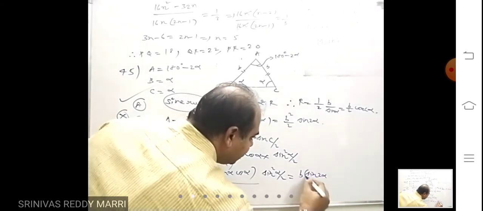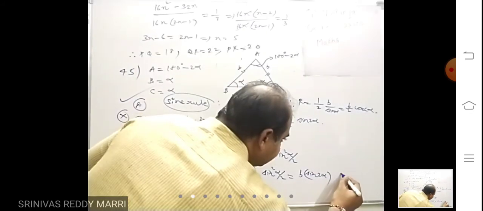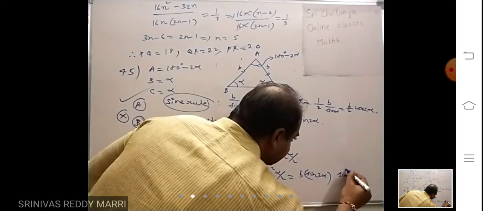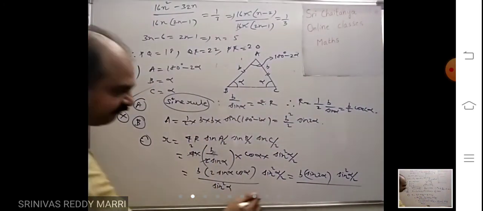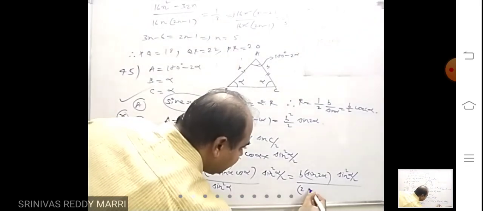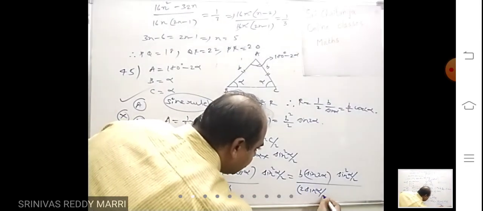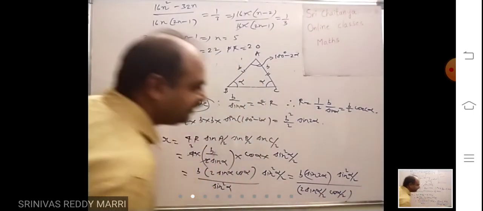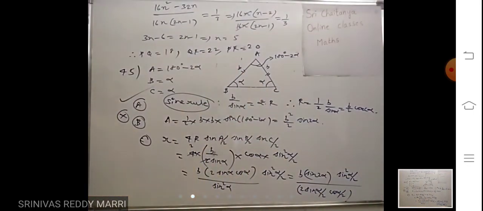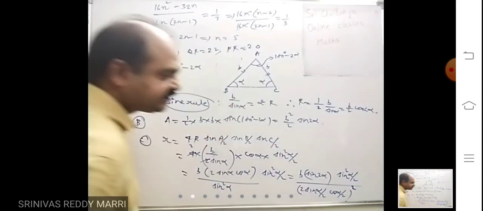Sine 2 alpha, this is, and then sine square alpha by 2 is here, right? Divided by sine alpha, I am writing now 2 sine alpha by 2 cos alpha by 2, whole square.